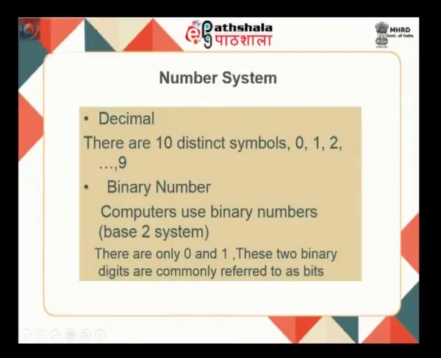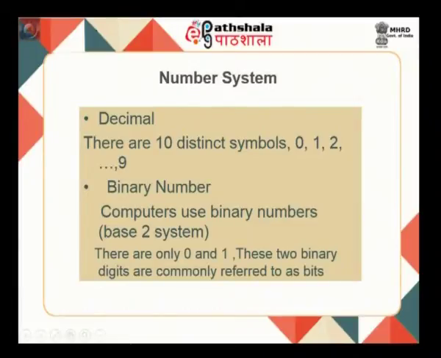So we have only 2 unique symbols, and the system has base 2. We usually call decimal numbers digits, 0 to 9, whereas these binary numbers are called bits.